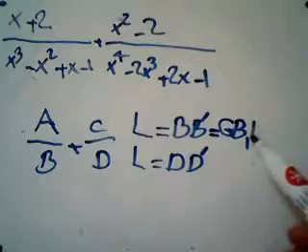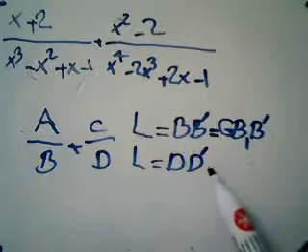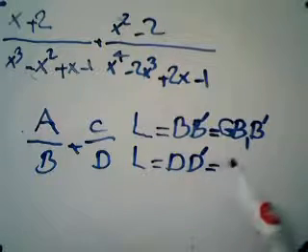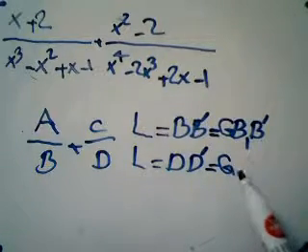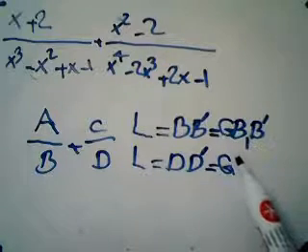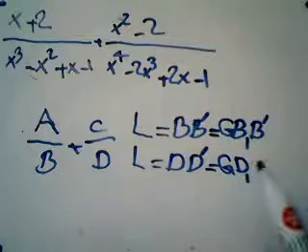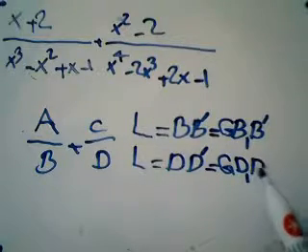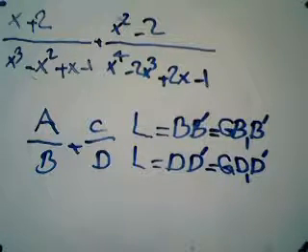This is B, and D should be equal to the greatest common factor G times another factor. Let's call that D1, D prime. Okay.